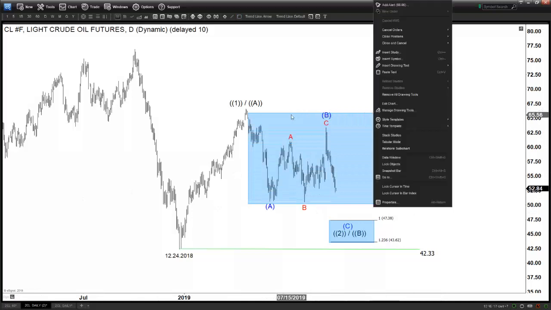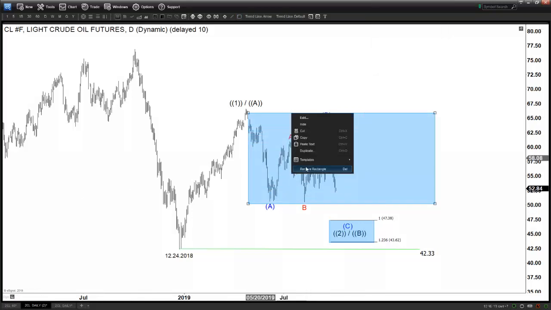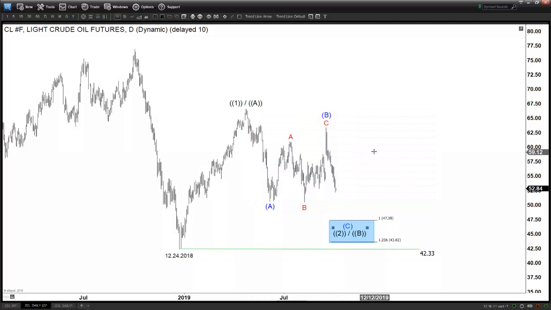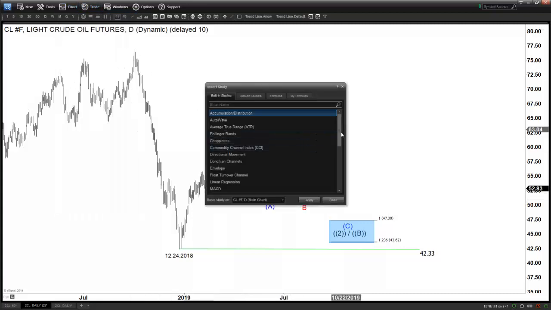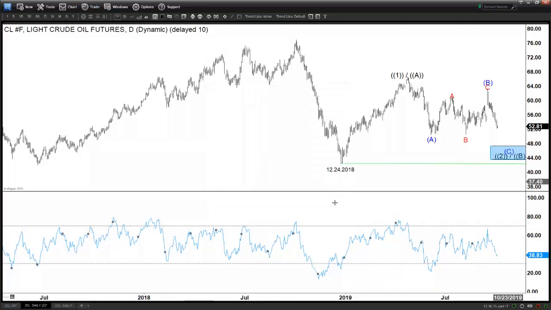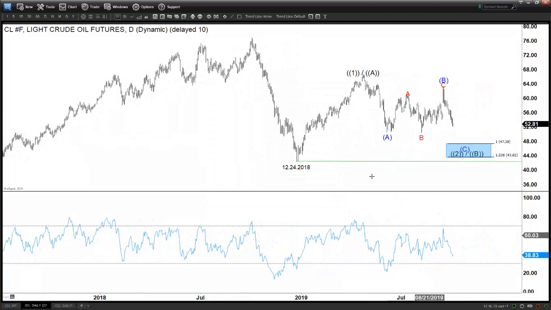Now, the reason that we told members last time not to be overly excited about oil is because from here we got a lower low, and this marginal low below this low here came with divergence in the momentum.